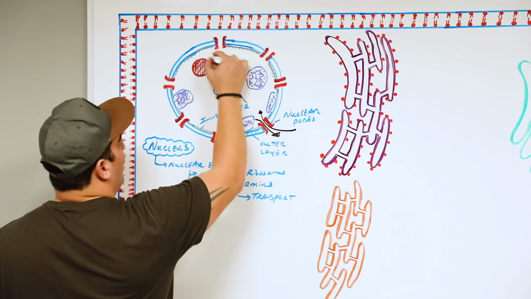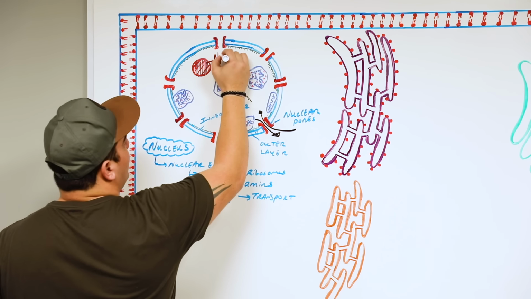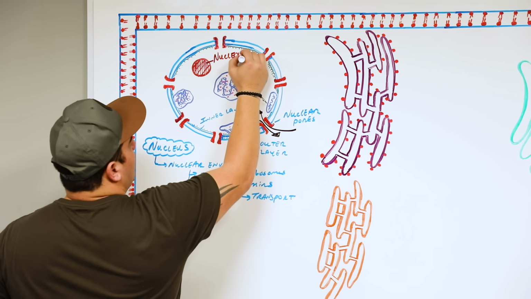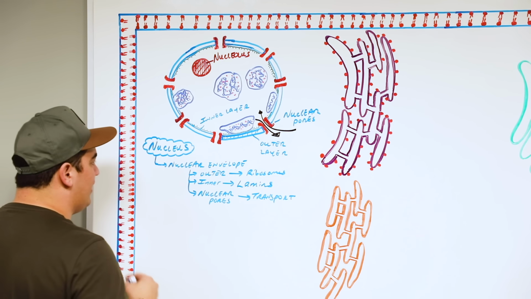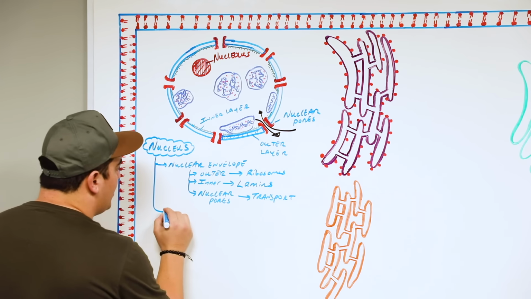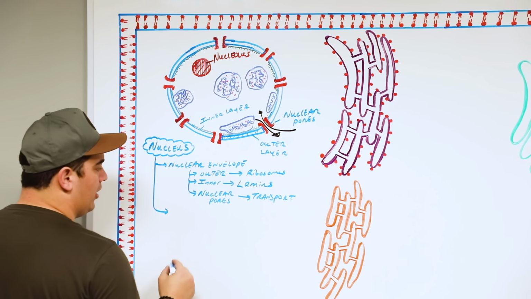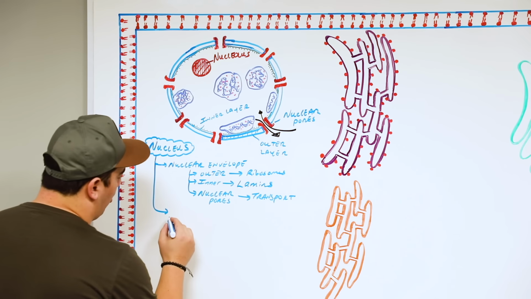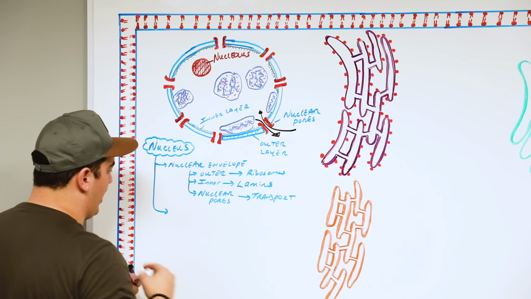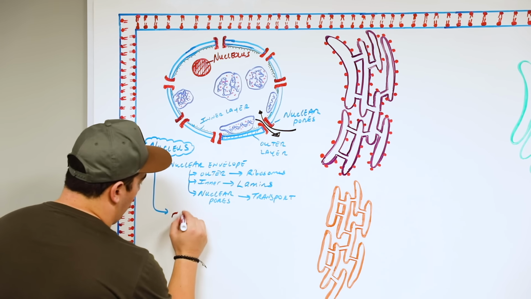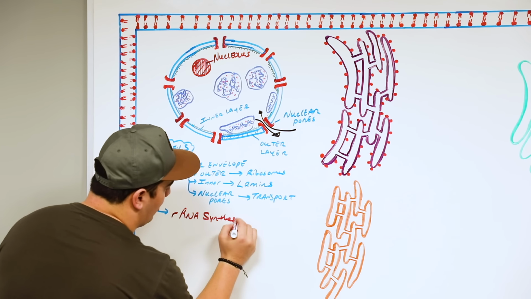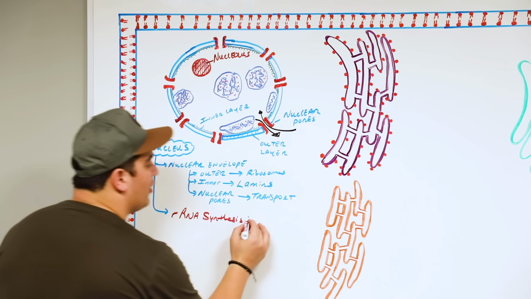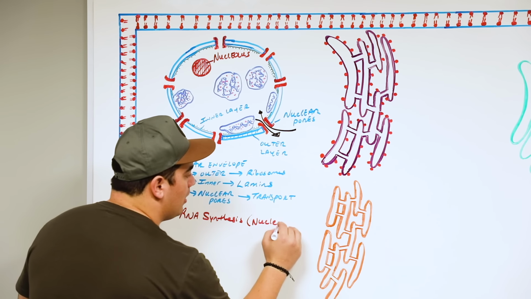The next one is this red diced up structure here called the nucleolus. The nucleolus is very, very important, and the reason why is this is the site of a particular type of RNA synthesis. There is a particular type of RNA, what we call rRNA. So we're going to denote this as rRNA synthesis. This occurs in what structure? This occurs within the nucleolus.